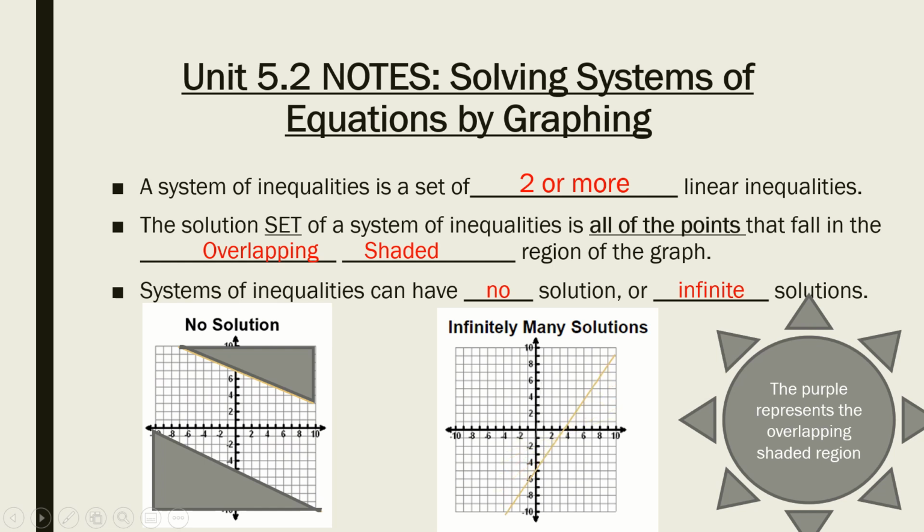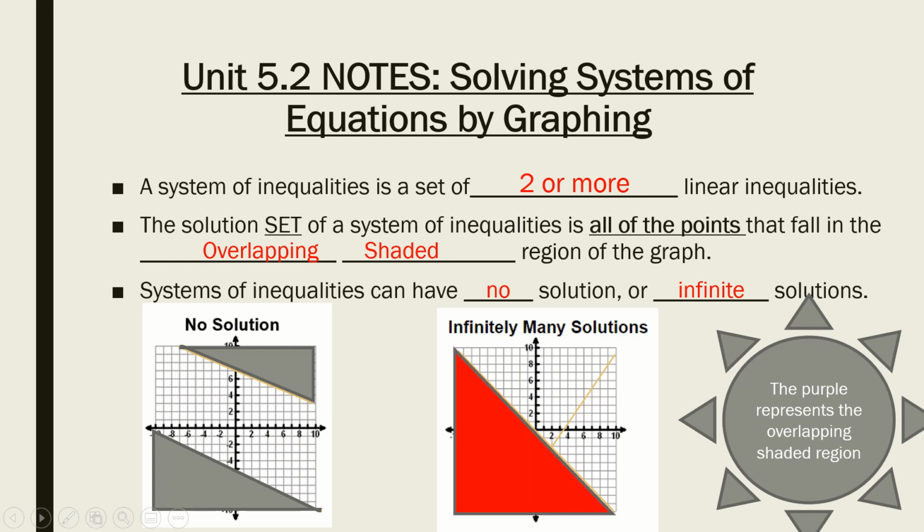Most pairs of lines look something like this, where they cross at some point. And if they cross and it's an inequality, then those two lines are shaded above or below. Let's just shade this one below. Let's shade the other one below for simplicity. No matter how we shade this, and I encourage you to try a couple different methods to test me, if I shade one above or below and the other one above or below, I'm always going to get an overlapping region.